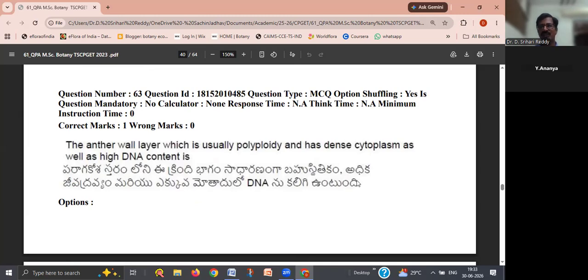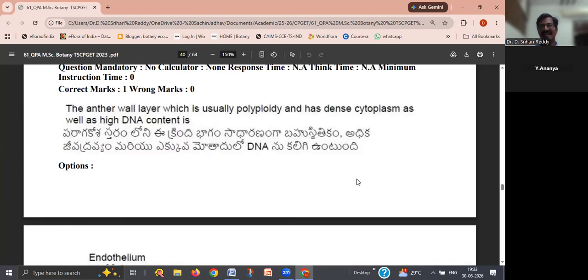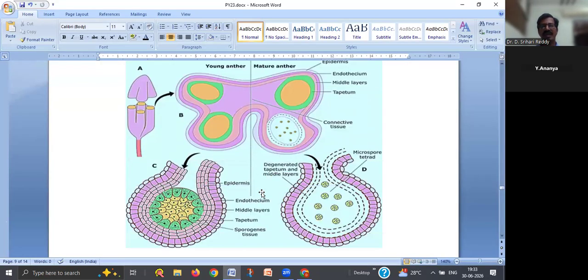So with reference to anther, in the TS of anther we observe several layers: epidermis, endothecium, stomium, middle layers, tapetum, and microsporangium. We observe these structures in case of the anther.